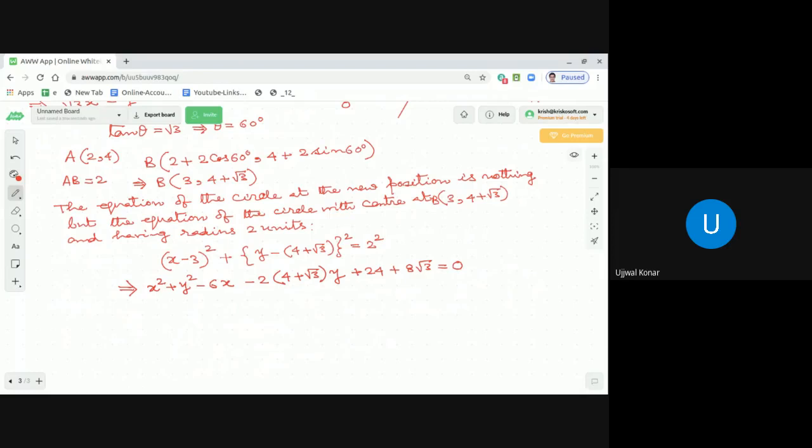Okay, dear students, so with this we are able to solve this particular question, right? So this is the equation of the circle in the new position.